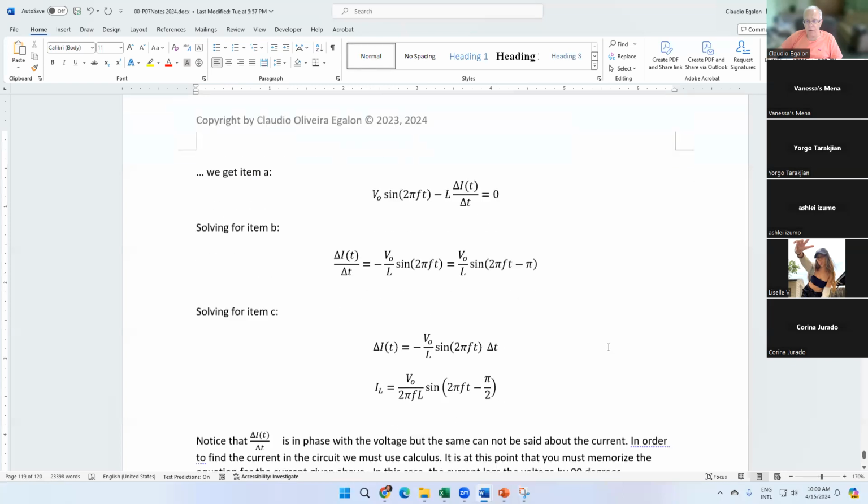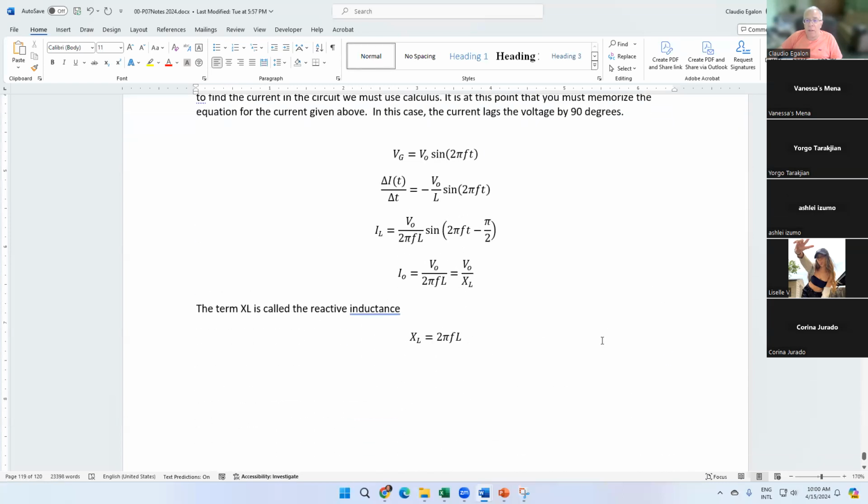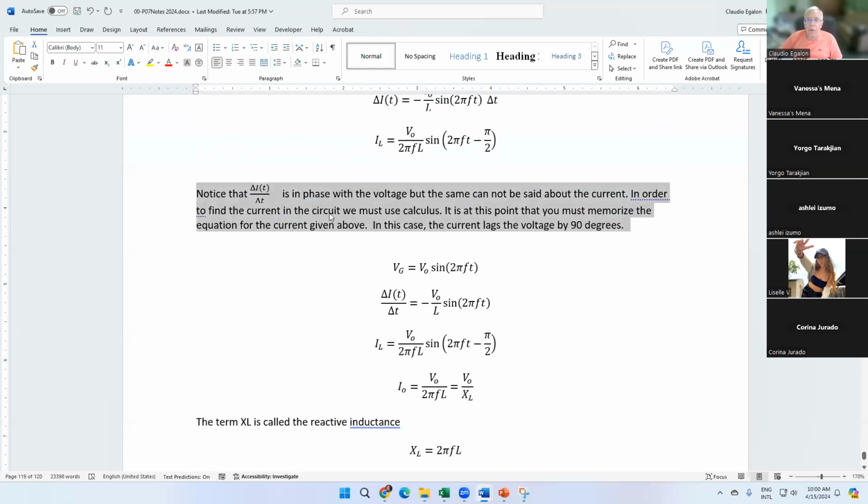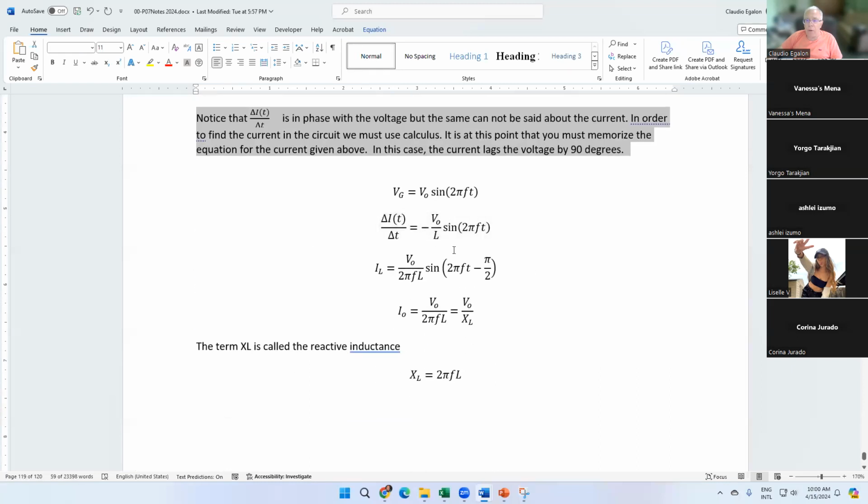So they're out of phase, but they are collinear, okay? So here we go. See, the delta I over delta T has this negative sign here. And because of this negative sign, delta I over delta T is not in phase with this voltage. It lags by 180 degrees.